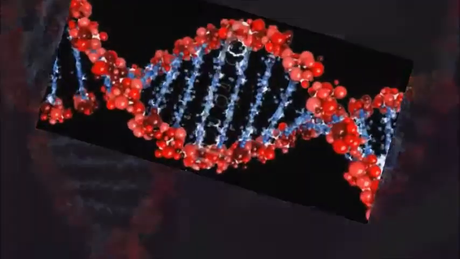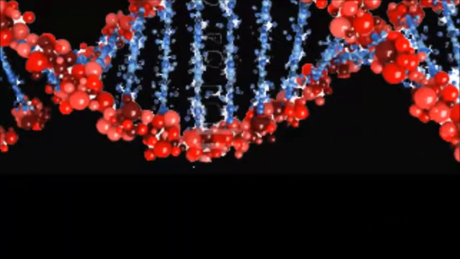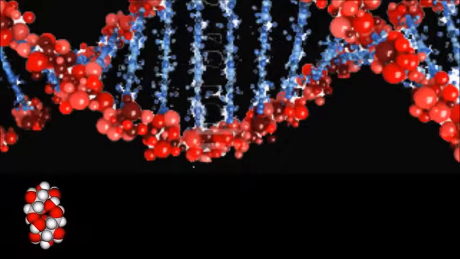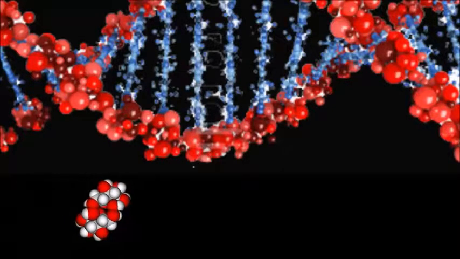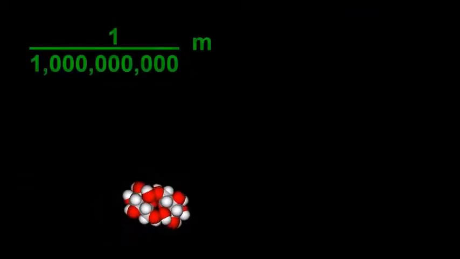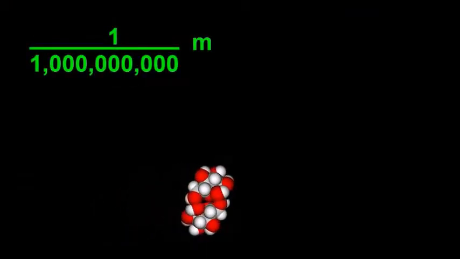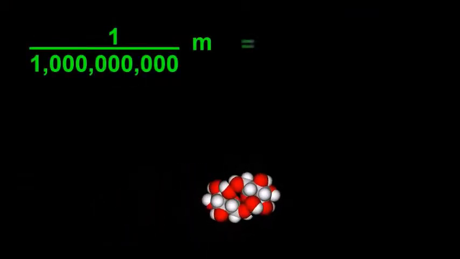DNA is a very long but very thin molecule made of billions of atoms joined together. This is the first time we've been able to spot individual atoms. And here comes a sugar molecule, which is a bundle of 45 atoms, about 1/10 of the width of the virus envelope. 1/1,000,000,000th of a metre. 10 to the minus 9 of a metre.